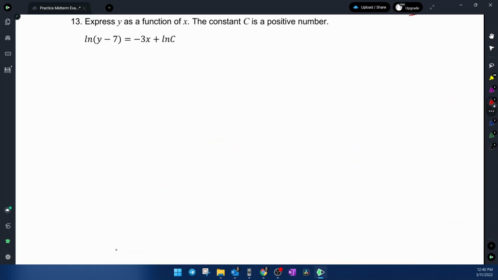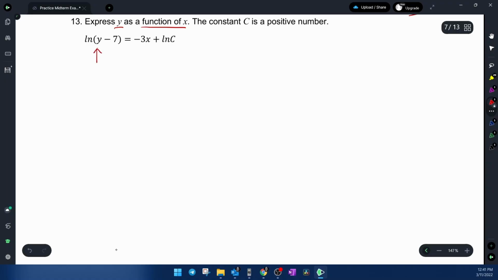Next, number 13. We need to express y as a function of x. And here they tell me the constant c is a positive number simply because you can't take the log of a negative number. They need to place that restriction on c. So if I'm going to express y as a function of x, that basically means I need to get y by itself.